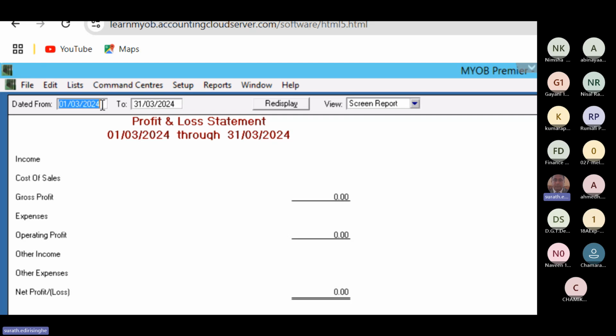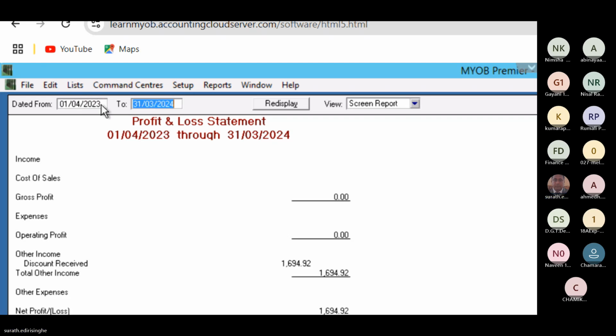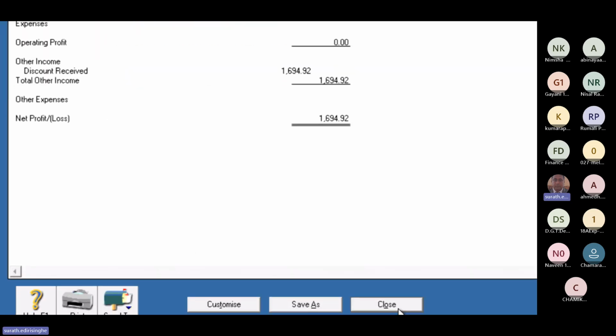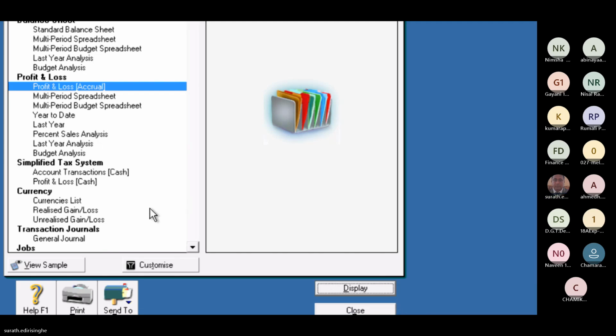Select the period here, from April 1st. These are still not updated on the cost of sale item. We can search another report. Account transactions, not cash, profit and loss.